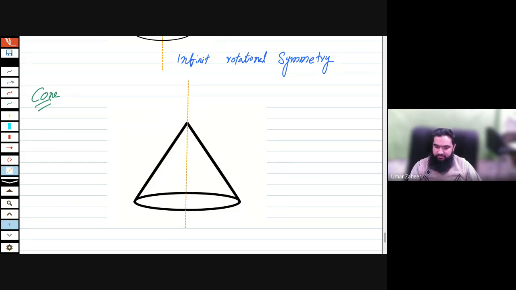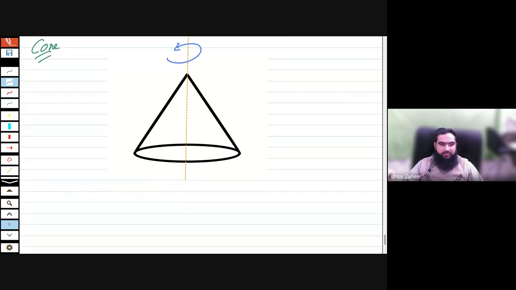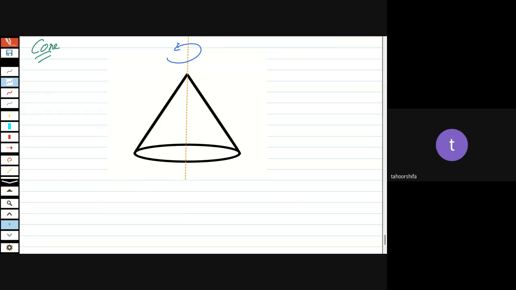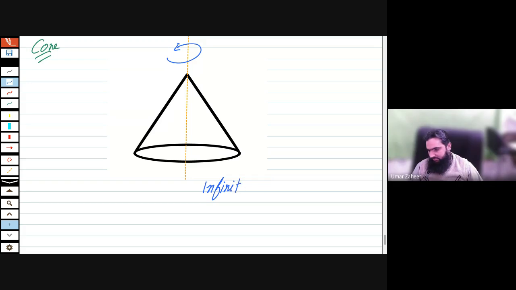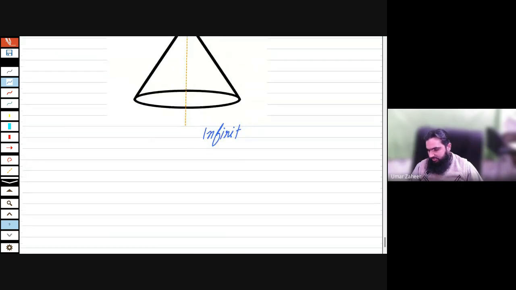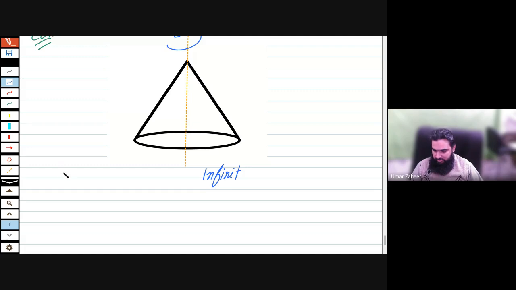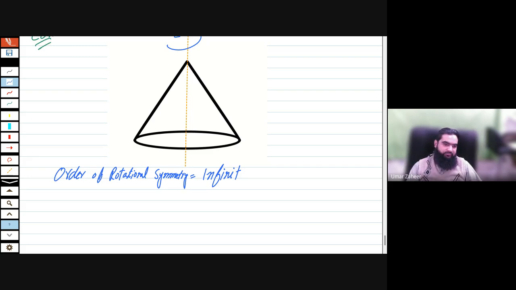Look here, if you rotate it, every time you are going to get the same shape. This means that the rotational symmetry of the cone is also infinite. The order of rotational symmetry is infinite.